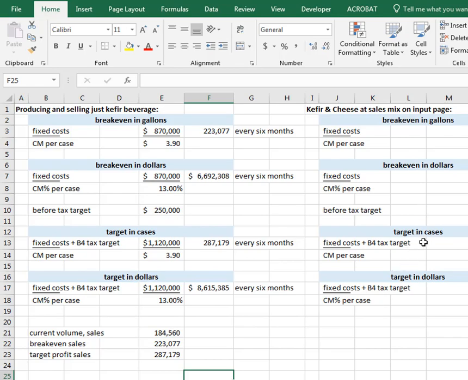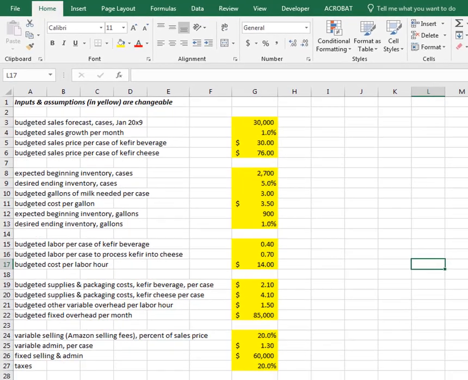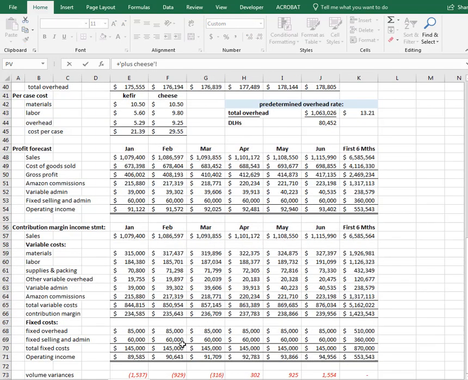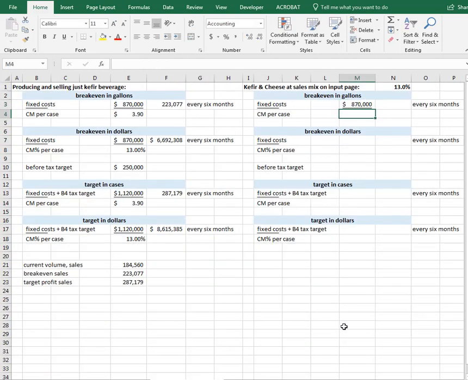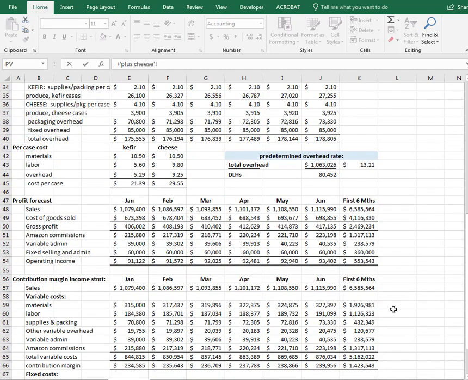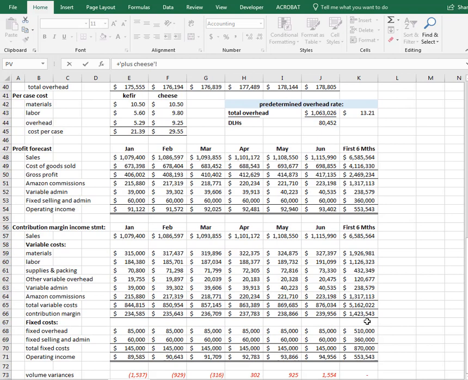Let's do the same analysis now with 13% of your cases being converted to cheese. All right, so the fixed cost is the same, I believe. Yes. Okay. The contribution margin per case will be different because the contribution margin for cheese is not the same as it is for kefir.